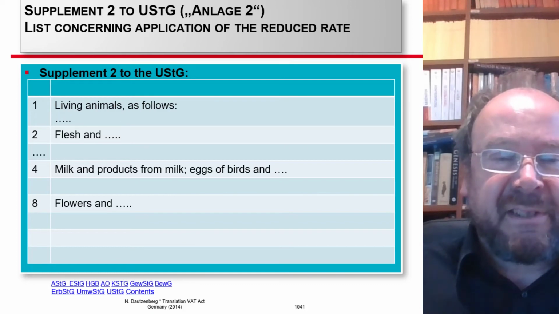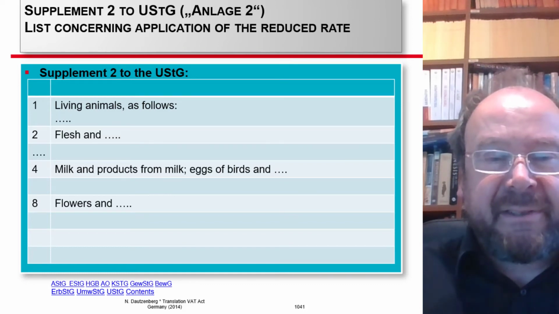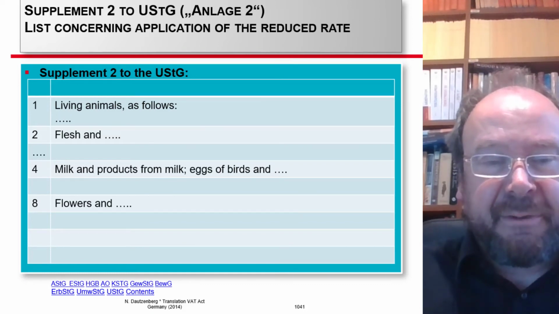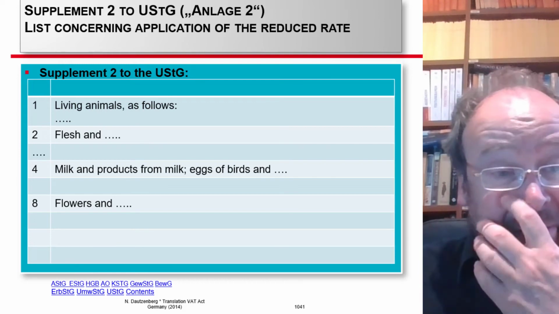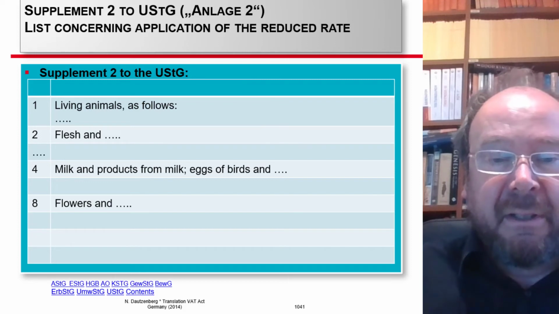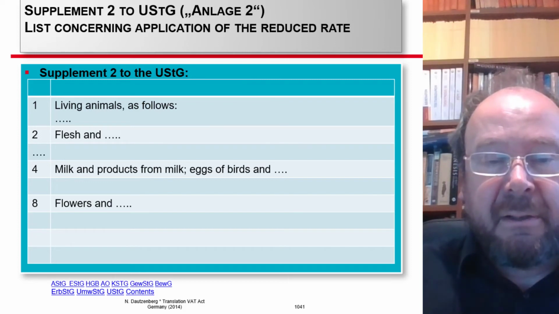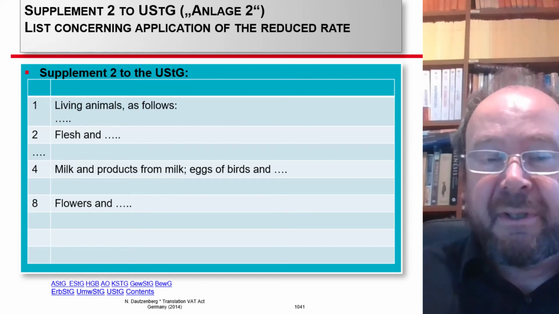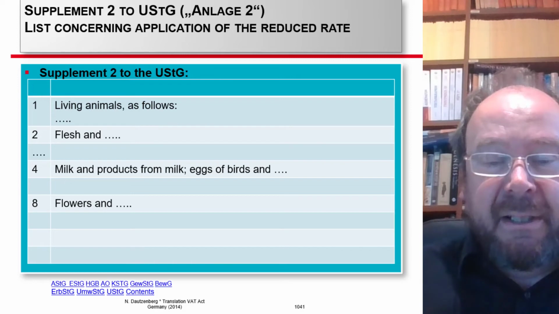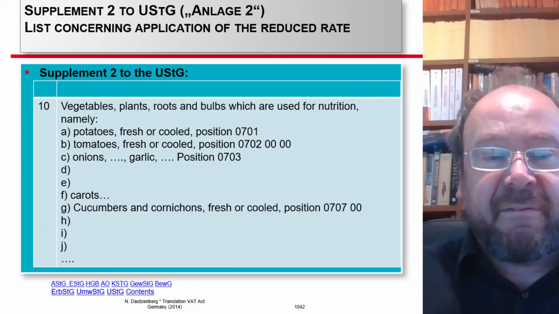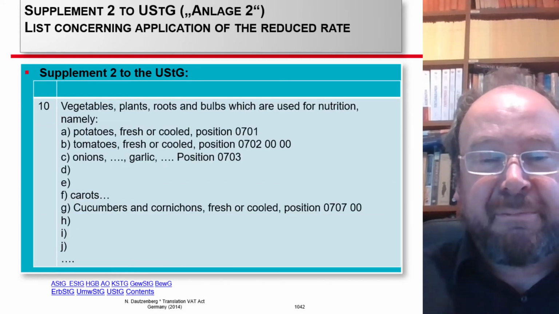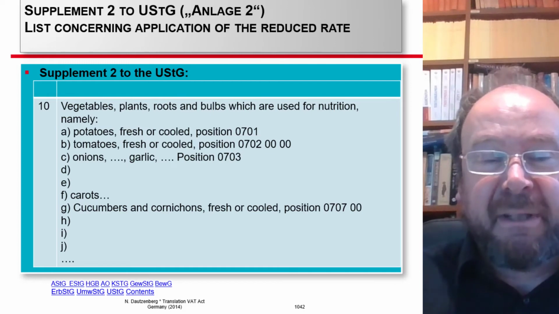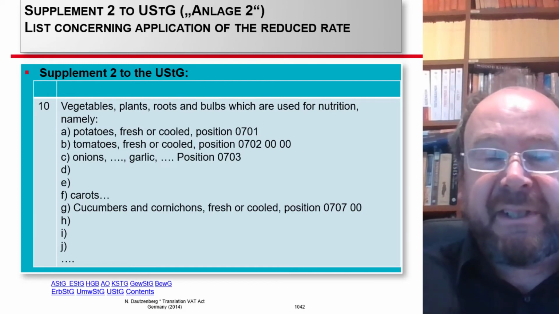And here is now supplement 2. And in the list is living animals as follows. So then follows the list of animals which are recognized as serving human nutrition, so which are for food purposes: flesh, milk, and products from milk, flowers. Then we have vegetables, plants, roots, bulbs, which are used for nutrition, namely potatoes. Here it is.